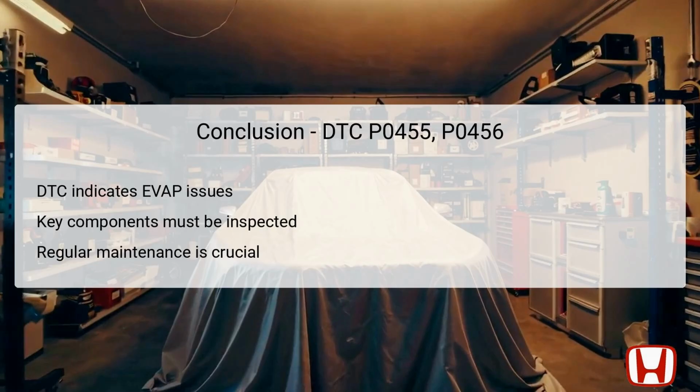Identifying issues swiftly not only helps in rectifying the immediate problem, but also contributes to the vehicle's long-term performance and compliance with environmental standards. Regular preventative maintenance checks are crucial for detecting potential issues before they escalate. Staying vigilant and proactive is key to keeping the EVAP system functioning as intended.